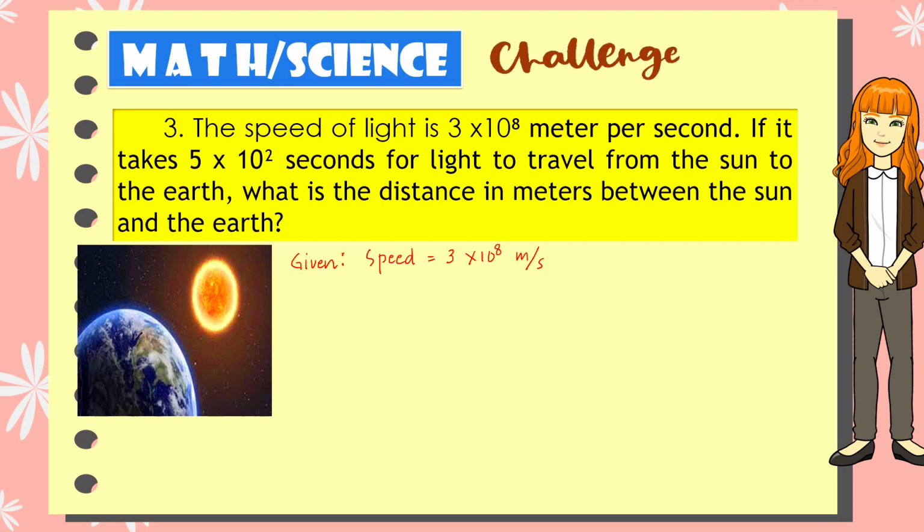And the time it takes to travel is 5 times 10 squared seconds. Okay, so we have to find the distance of the sun and the Earth during the travel. So, ito yon, yung distance between the Earth and the sun.